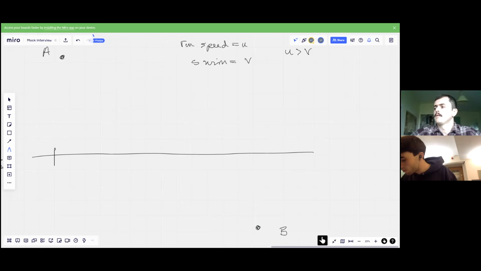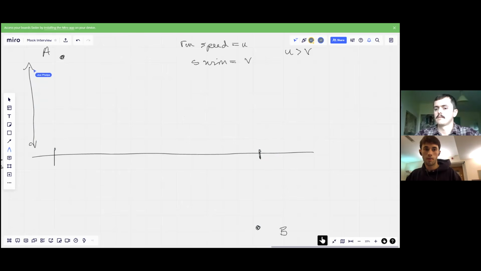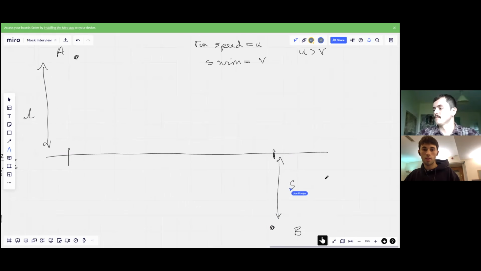So let's say the perpendicular distance from the sea to where I am, I'll call L, for land, and S to the person out at sea from the sea.